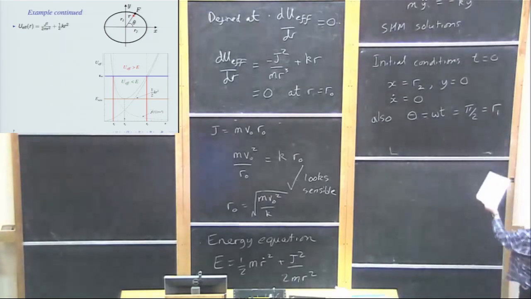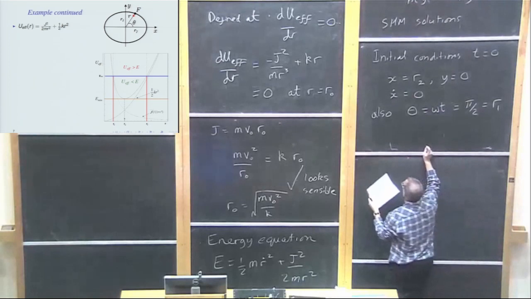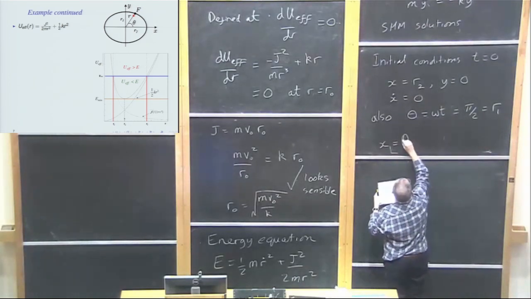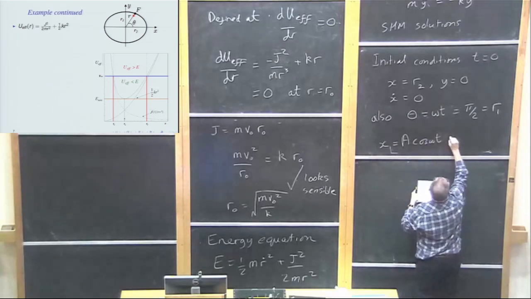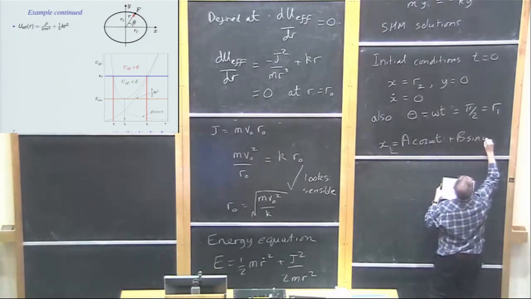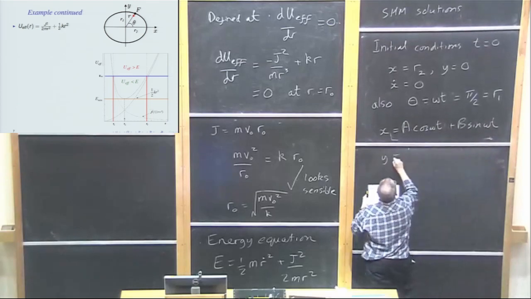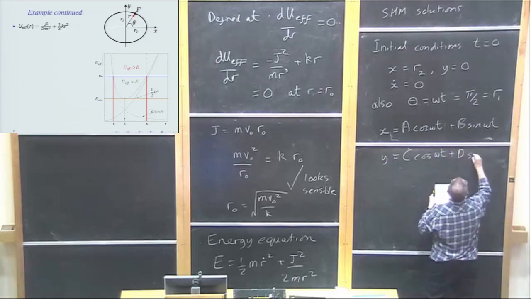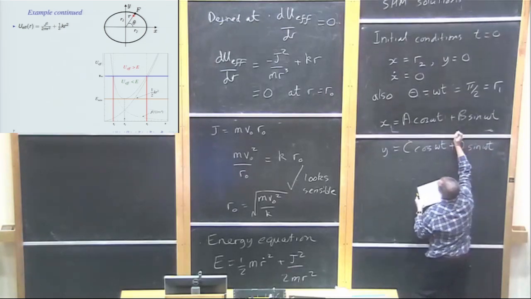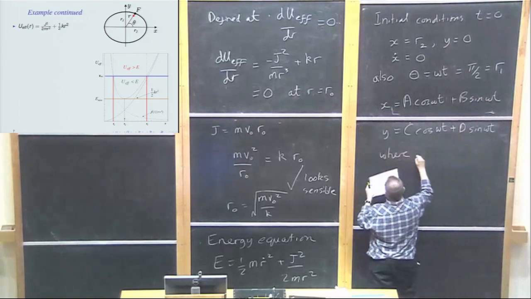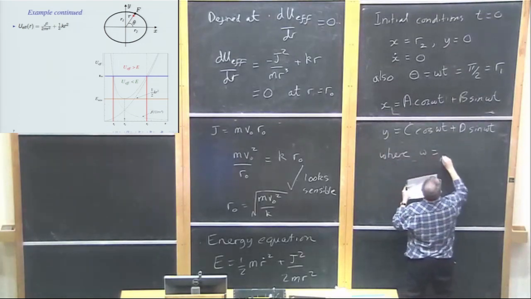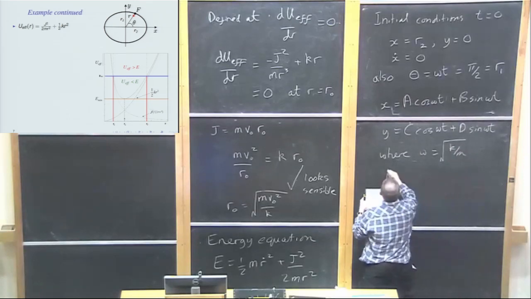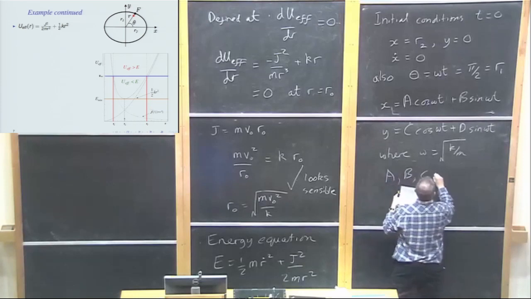The purpose of this is that we clearly have x equals a cosine omega t plus b sine omega t, and y equals c cosine omega t plus d sine omega t, where omega is the square root of k over m, and a, b, c, and d are constants.